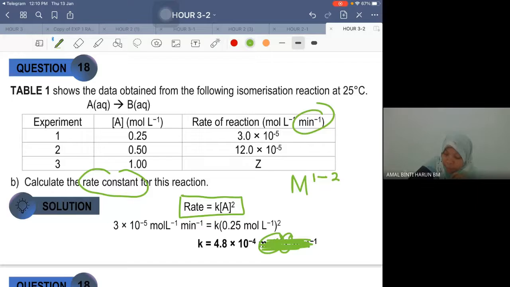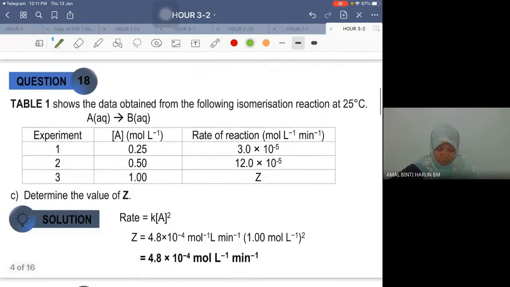Minit kan? Per minit. Okay, so dia akan jadi 1 minus 2, negative 1 per minit. Okay, bila nampak per mole per liter tu, you simplify jadi molarity. Okay, so you dapatlah K bagi eksperimen ini adalah 4.8 exponent negative 4 per molar per minit. Next.